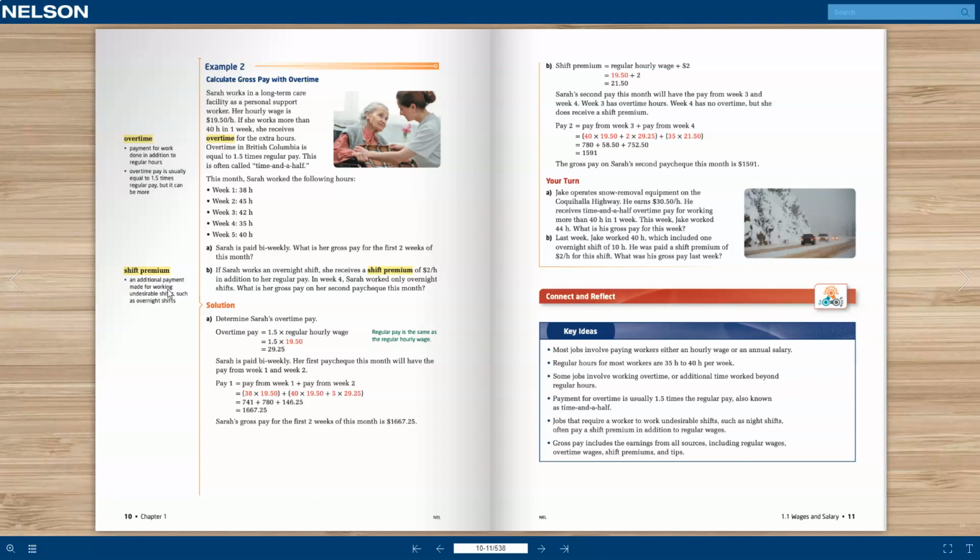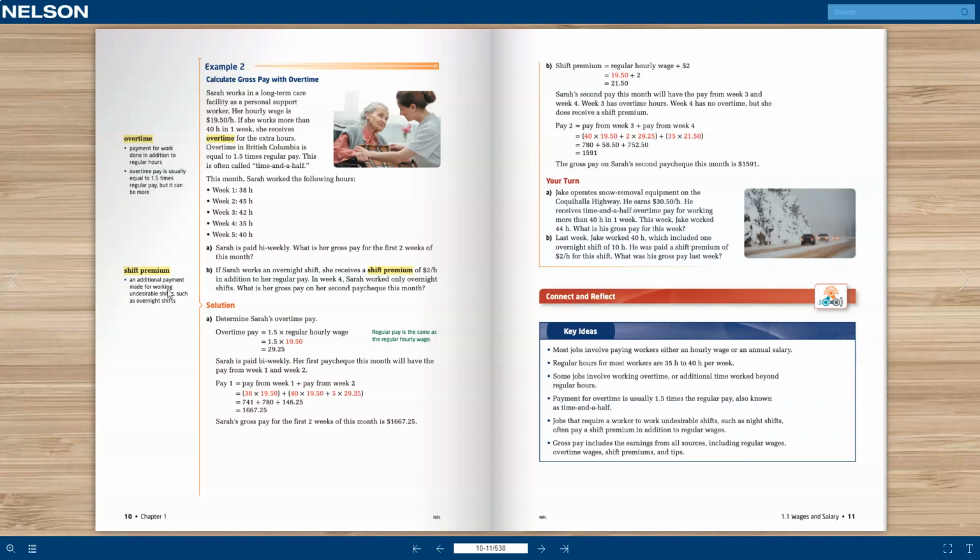There have been studies saying that people who worked their whole lives overnight don't live as long on average compared to people who work a normal daytime schedule. So that's another thing to keep in mind. Anyways, the shift premium is when the company pays you a little bit extra per hour because you're working an undesirable shift.